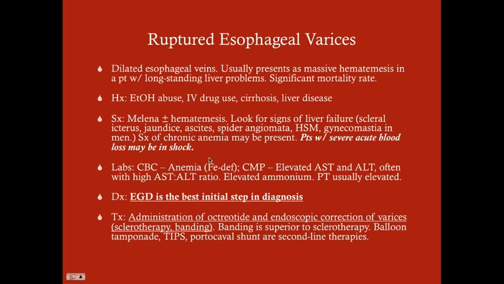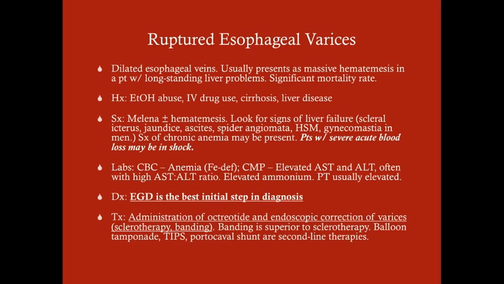Okay, now patients who have ruptured esophageal varices, we already talked about what those are. They usually present as massive hematemesis in a patient with a history of long-standing liver problems, and that should be shown to you on a question on the USMLE. The patient has had chronic alcoholism or has had chronic hepatitis C for the last 20 years, so this is not a surprise when it happens.